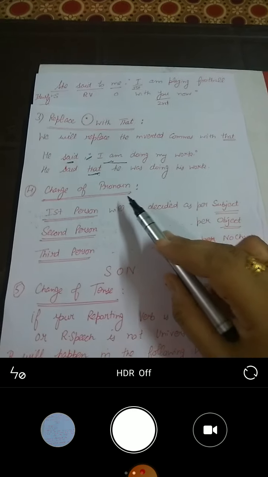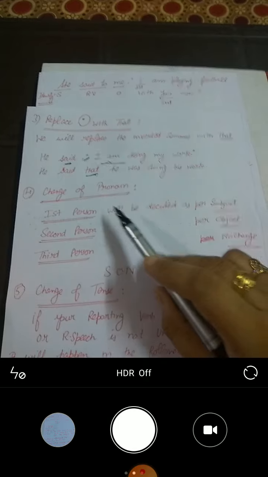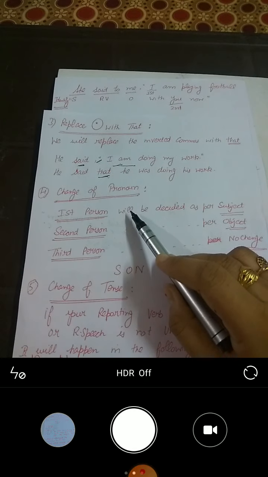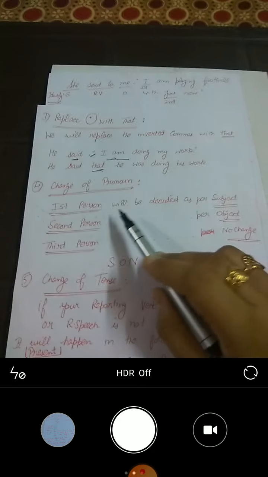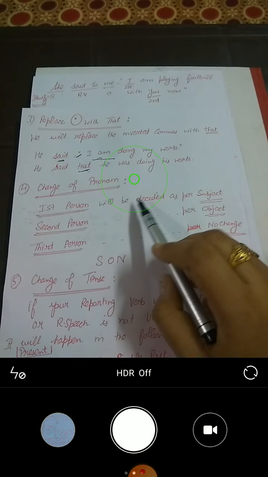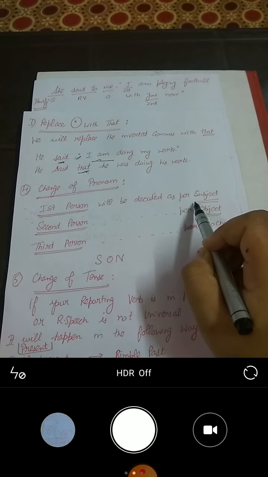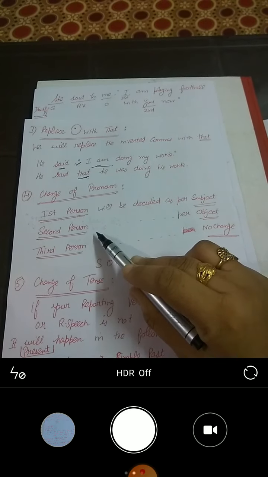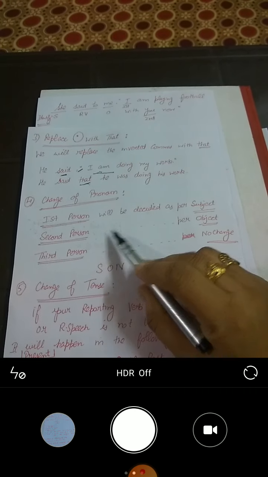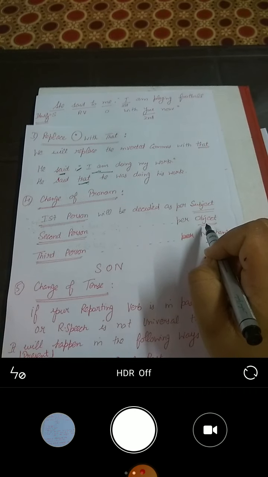Now the next step is change of pronoun. It is a very important thing, and you should be very careful while changing pronouns. The first person will be decided as per the subject, which means you will change the first person according to the subject. If there is a second person in your reported speech, it will change according to the object.